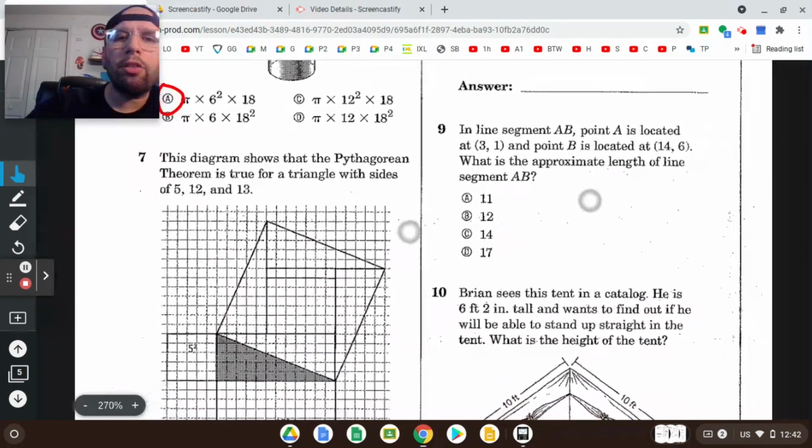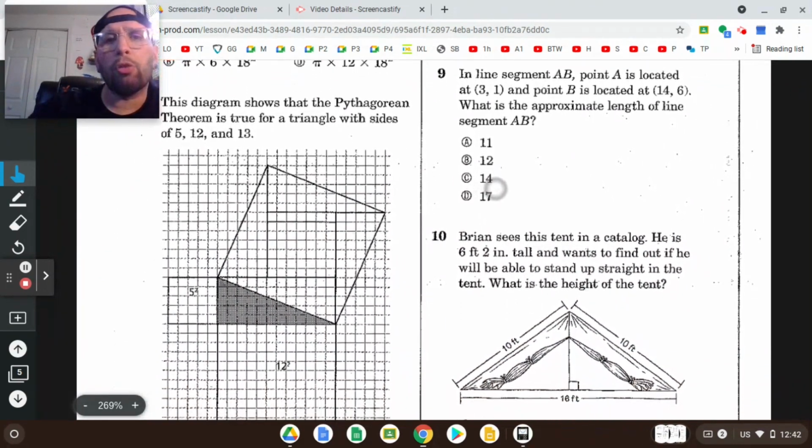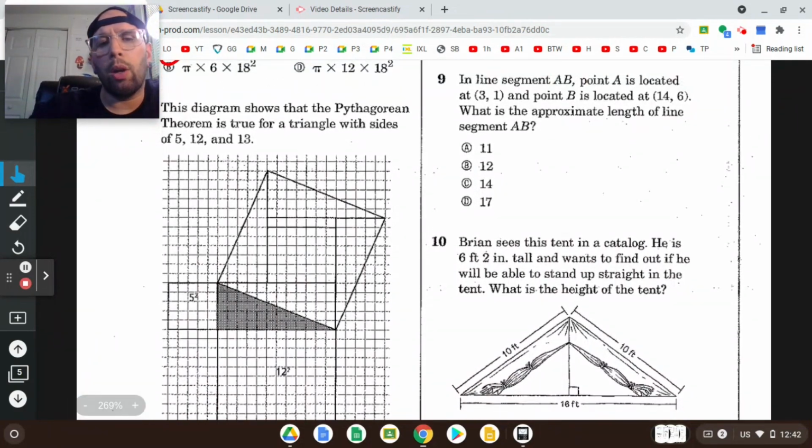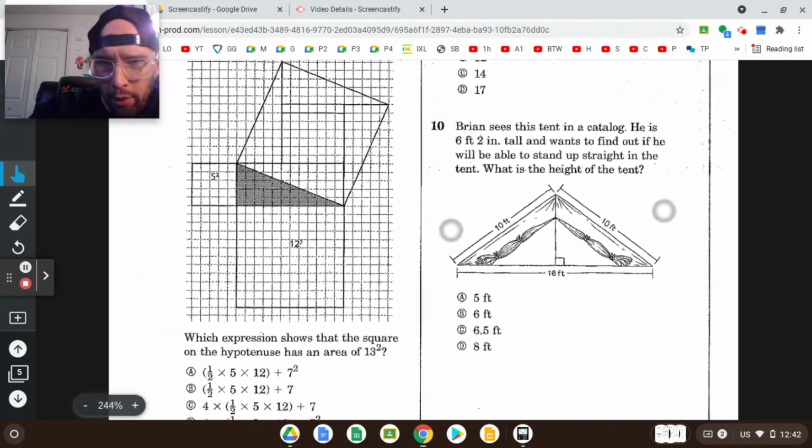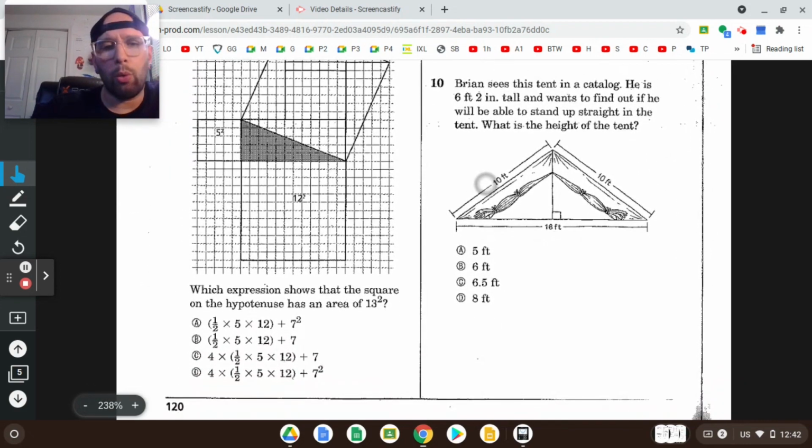This diagram shows that the Pythagorean theorem is true for a triangle with sides of 5, 12, and 13. Which expression shows that the square of the hypotenuse has an area of 13 squared?